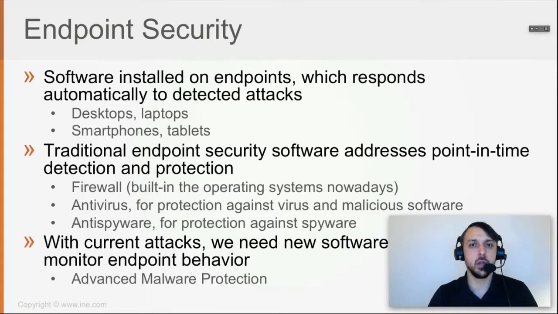So the user receives the picture, double clicks on it, it opens up, and at that point nothing happens. The anti-spyware and antivirus engines don't detect any kind of suspicious activity as a result of the user executing the file.